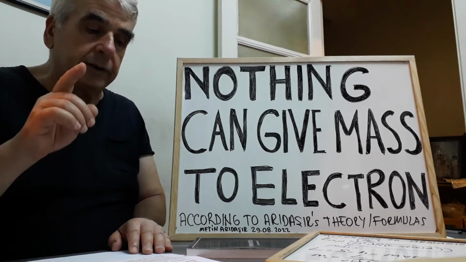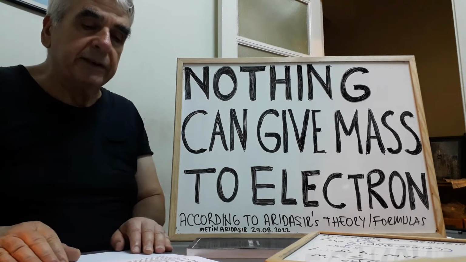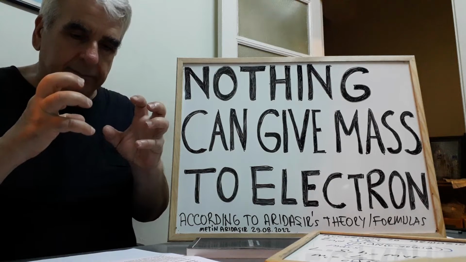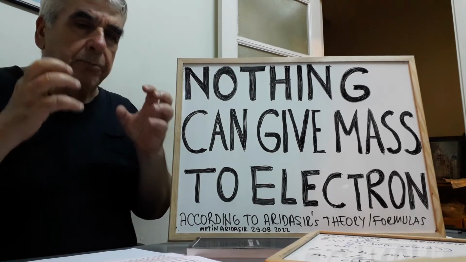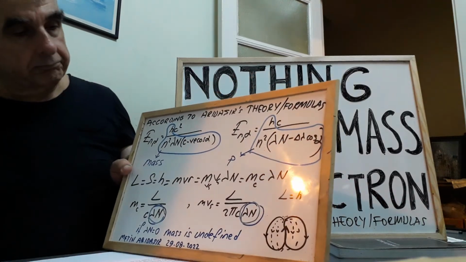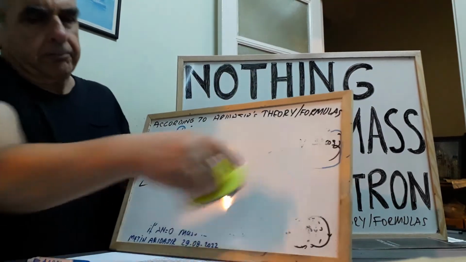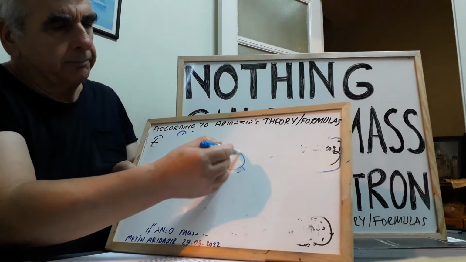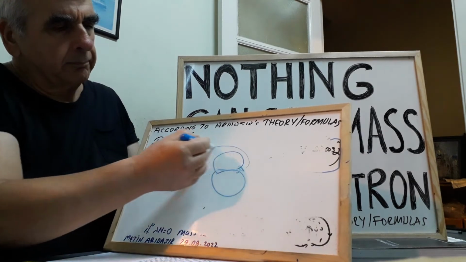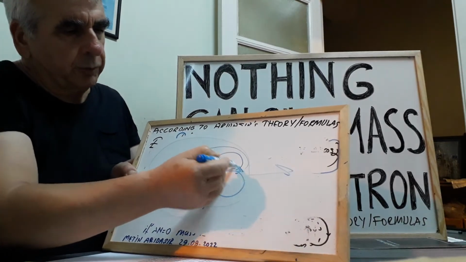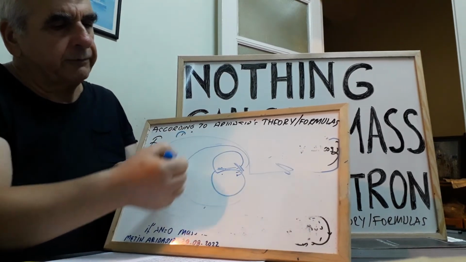Then if initial wavelength is 0, this means there is no spherical cycle, there is only motion arrow, electron motion on spherical waves.